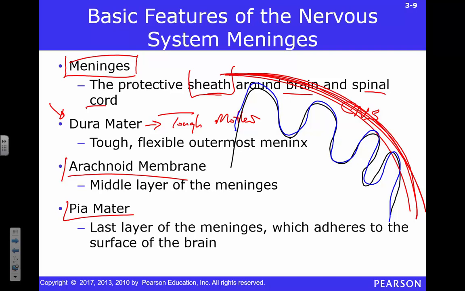Any kind of dip is known as a sulcus, or if you have two, sulci. The hills are known as a gyrus, or if you have two, gyri.